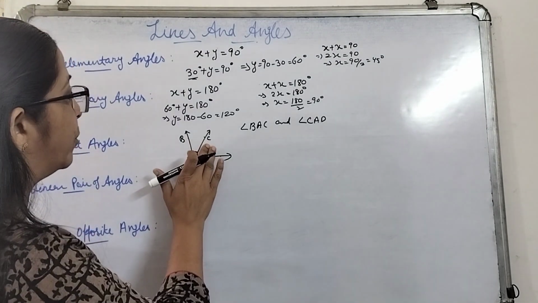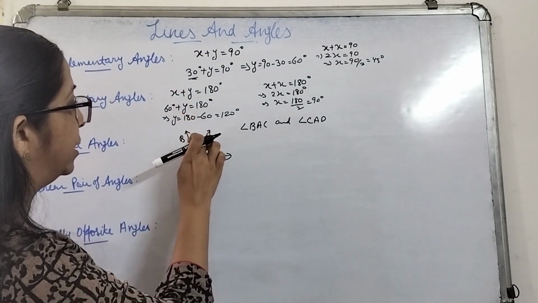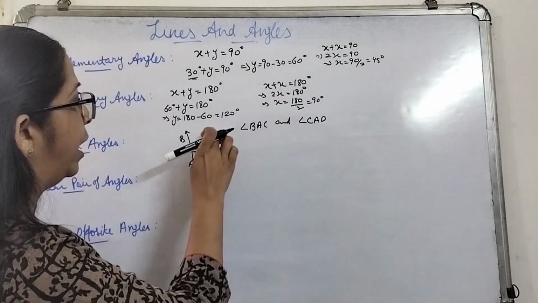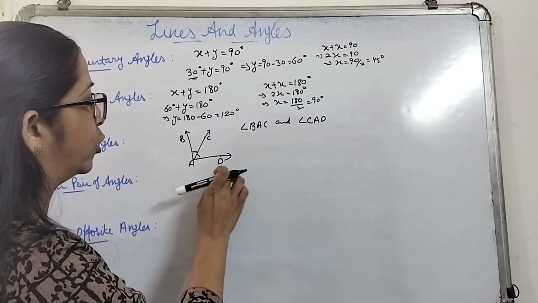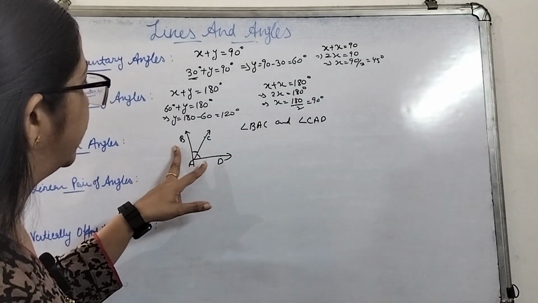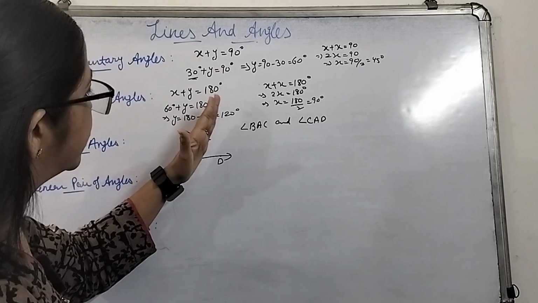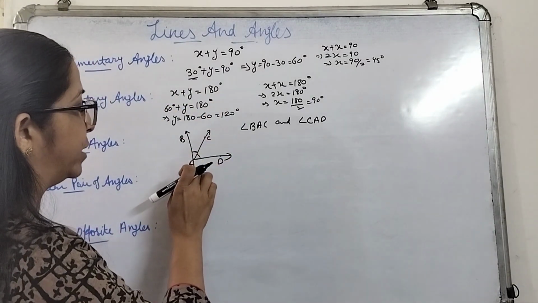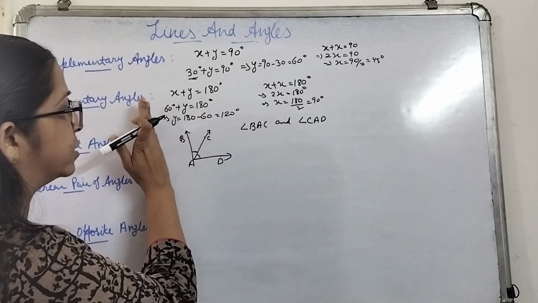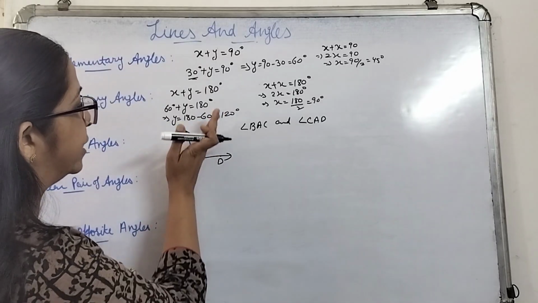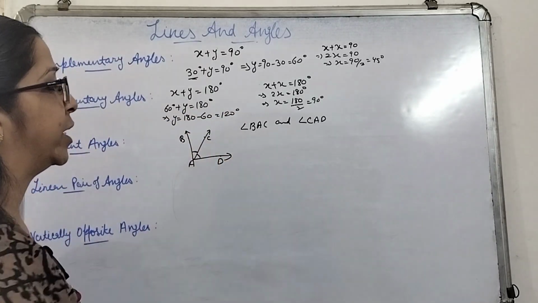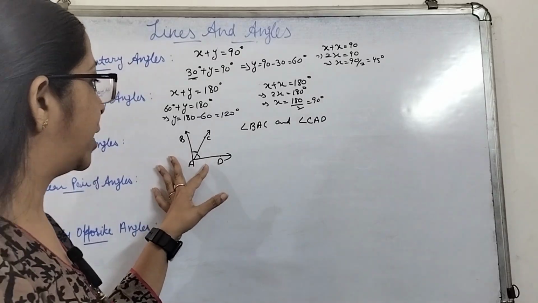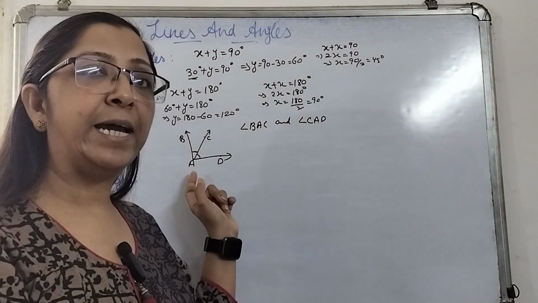And the non-common arm, for this angle, AB is the non-common arm, and for this angle, AD is the non-common arm. So the non-common arm is in the opposite direction of the common arm. AC is the common arm, this AB is towards this direction, and this AD is towards this direction of AC. So what are the conditions? They should have the common endpoint.